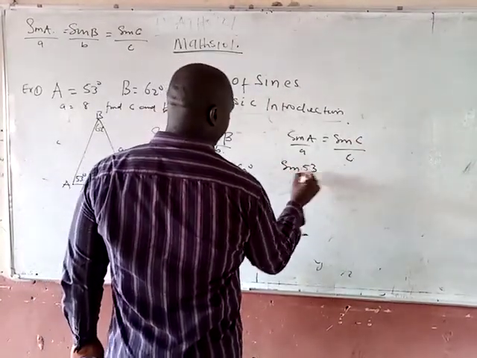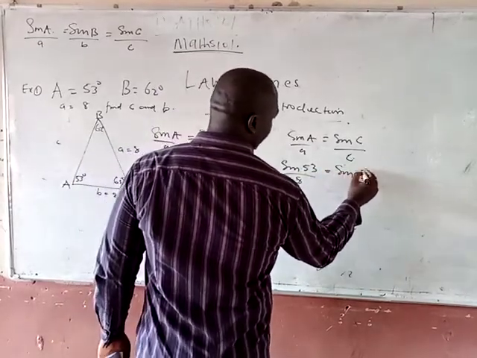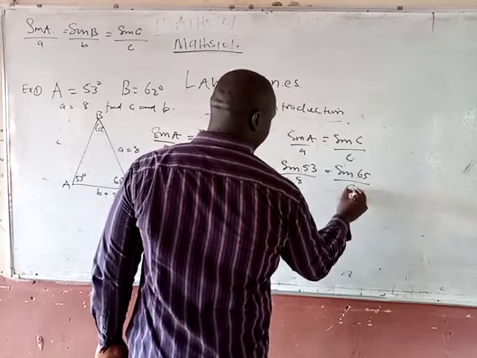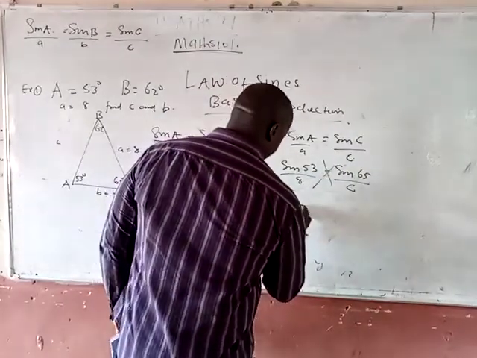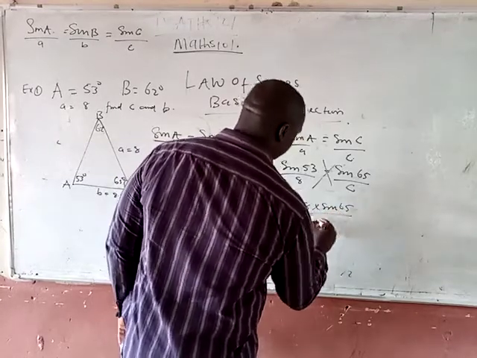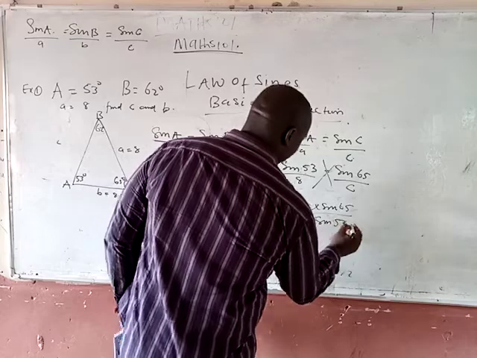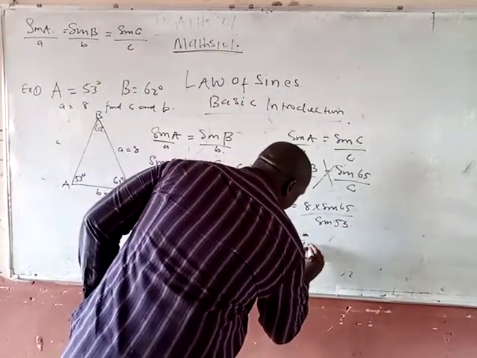Sine 53 all over 8 is equal to sine 65 divided by c, right? Good. So by cross multiplying, c is 8 times sine of 65 divided by sine of 53.